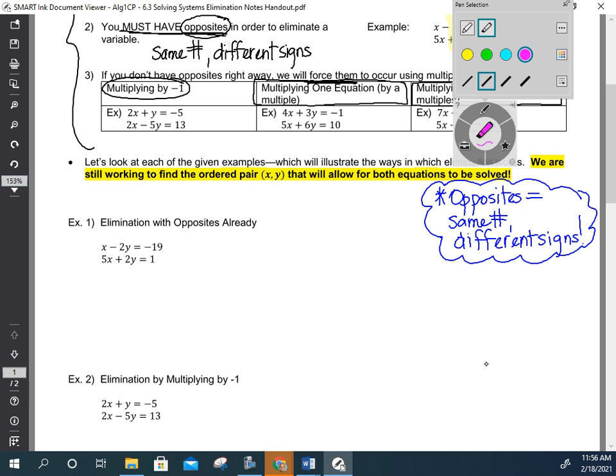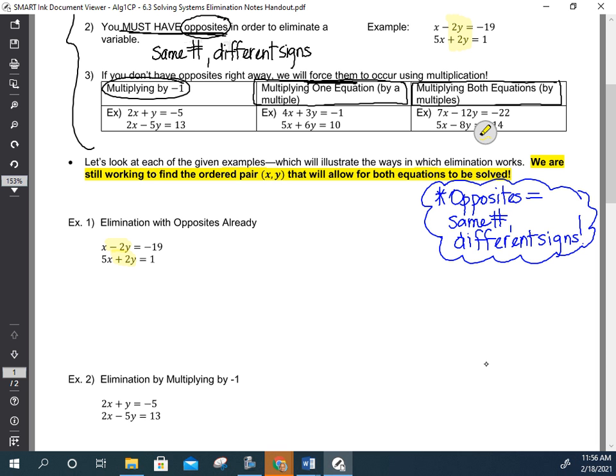Those two. Those are opposites already. Point blank, period, end of discussion. So this is how we solve the problem if they're already opposites of each other.